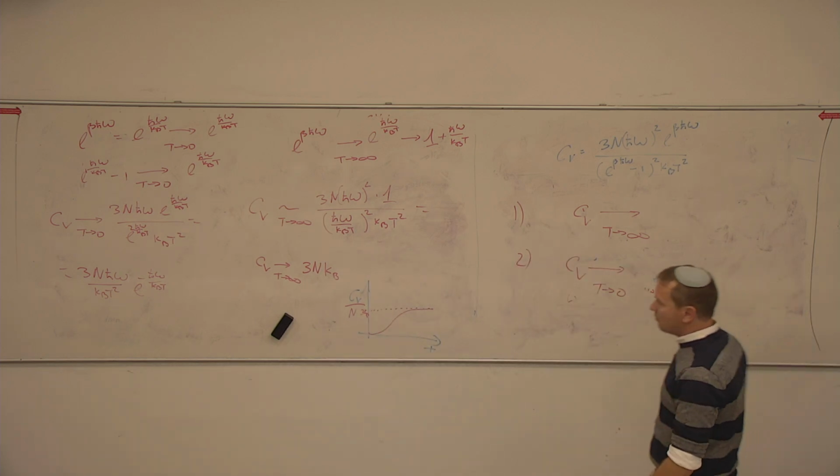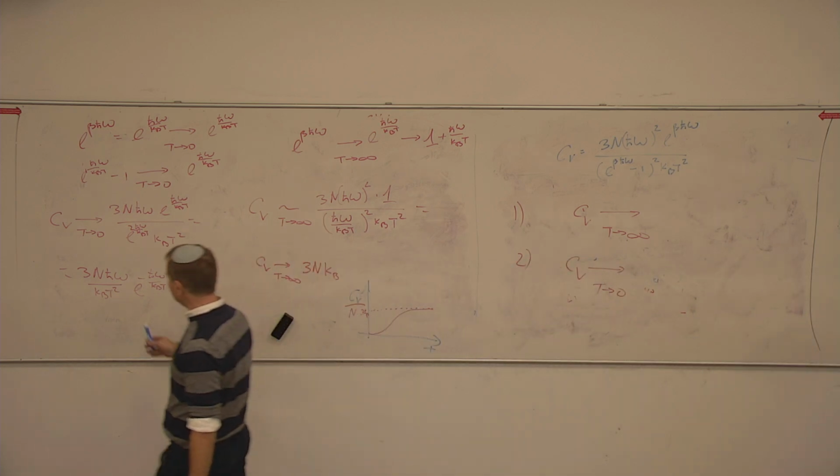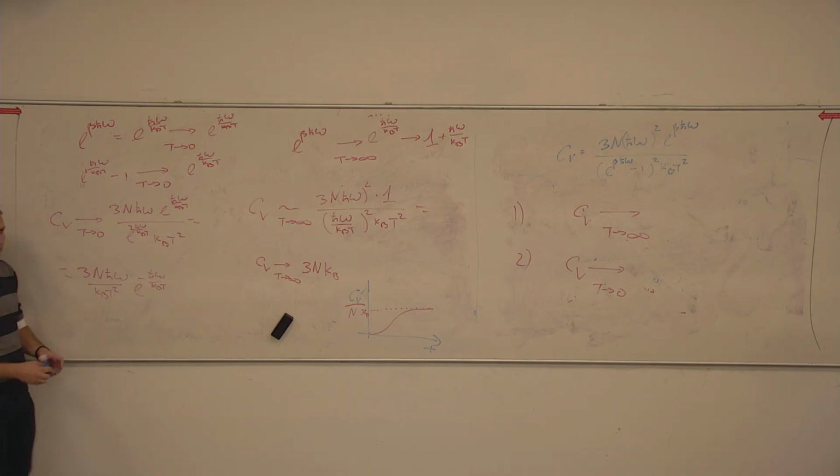What is the main contribution to this expression in the low temperature limit? Who is stronger? So 1 over t squared is diverging, so it actually goes to infinity. But the exponent converges to 0 stronger than any power. So in the limit when t goes to 0, we don't care about the t squared over here.